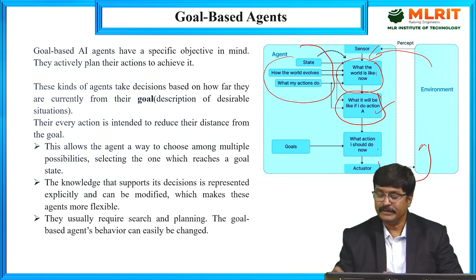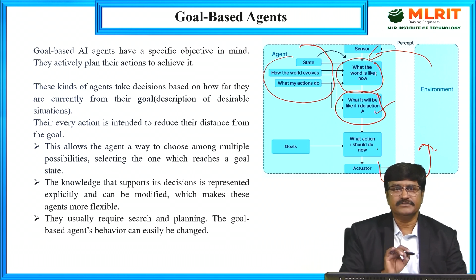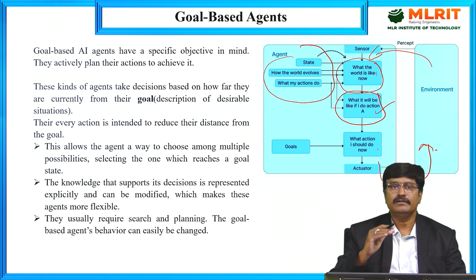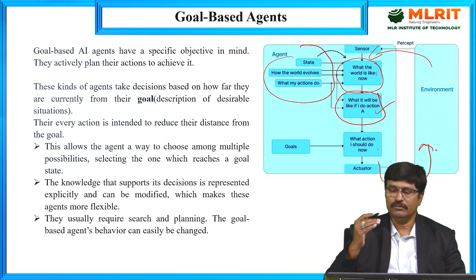Here, these kinds of agents take decisions based on how far they currently are from their goal state. Based on that only, the actions are carried out. Every action is intended to reduce the distance from the goal.